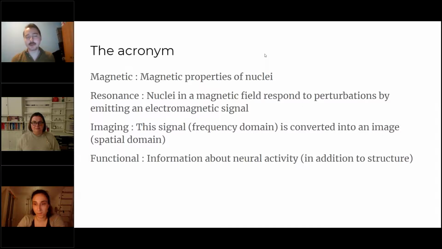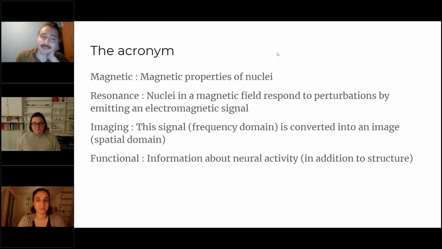So as I've already mentioned, fMRI basically belongs to the non-invasive correlational neuroimaging methods. And the acronym stands for magnetic resonance imaging, with the optional F standing for functional. So what the acronym already tells us is that whatever we have has something to do with magnets and resonance and imaging.